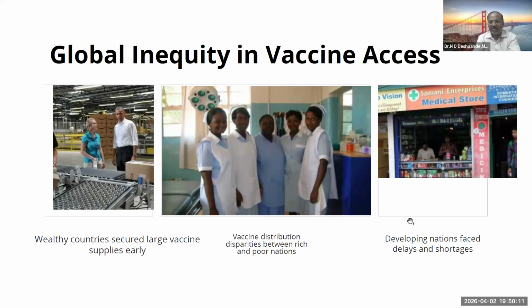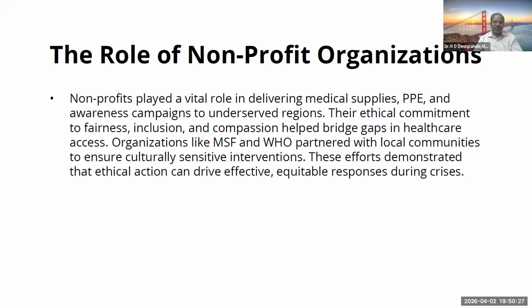Then another thing is, in rural areas, developing nations face delays and shortages, and even in research and development. Luckily, the R&D people were able to adapt quickly, but then there were shortages in the rural areas, unlike the city areas. So the role of non-profit organizations in all this is nothing but delivering the medical supplies, the PPEs, the awareness campaigns to the underserved regions, their ethical commitment of fairness, inclusion, compassion, which helps to bridge the healthcare access.